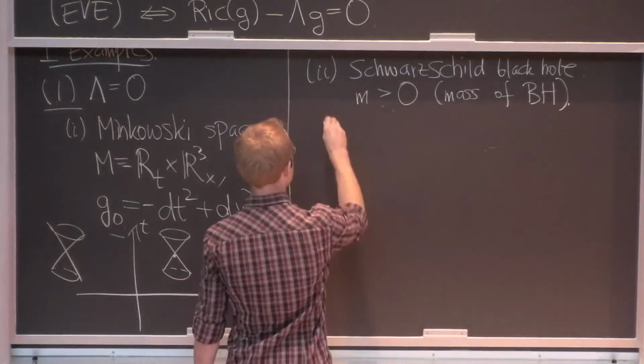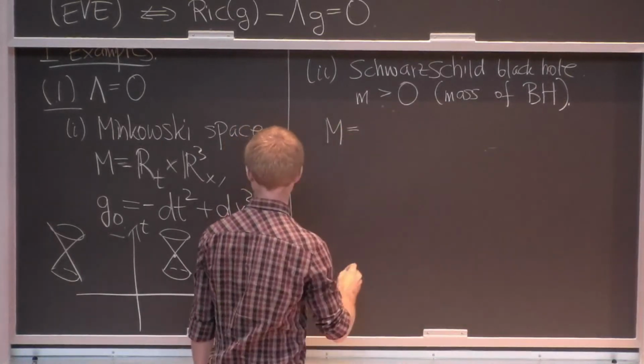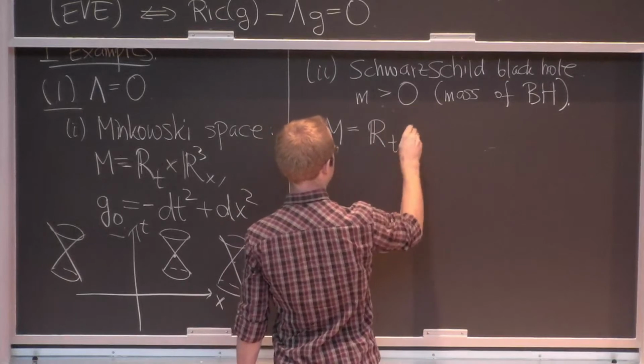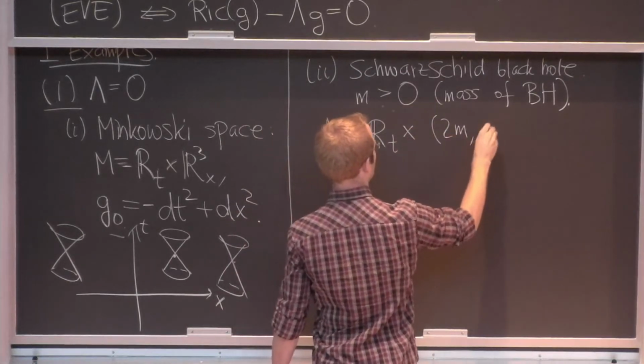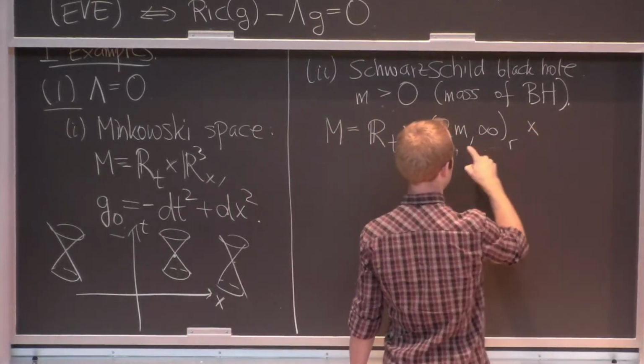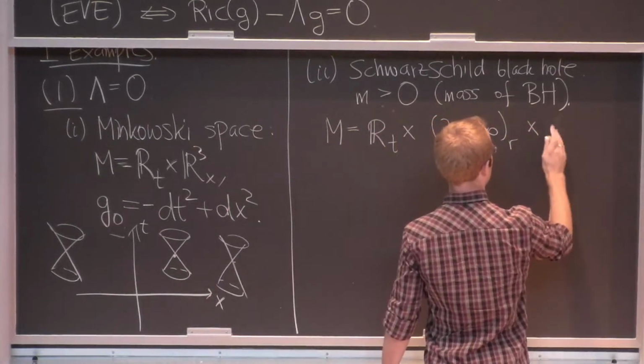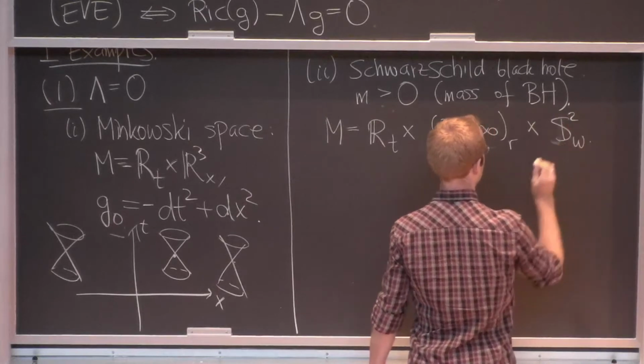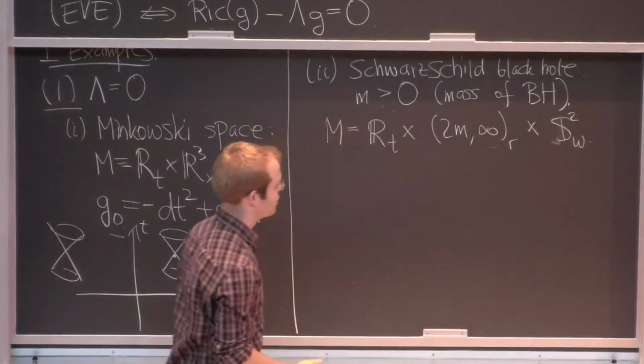And in this case, the manifold M is, again, a factor of time, and then the exterior of a ball in R^3. So you start at 2m and go all the way out to infinity, and then you have a 2-sphere over every point.